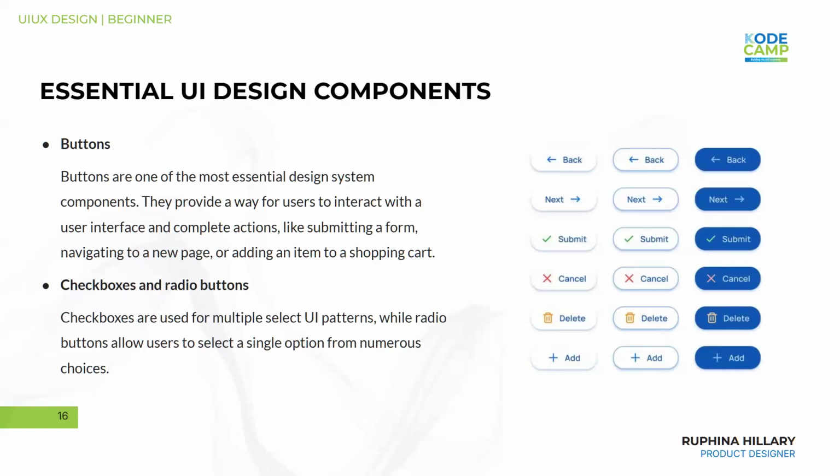The button could be pay, the button could be subscribe, the button could be a join button. So we usually want them to do something. And buttons are usually that connection, that middleman that's helping them. That's why they call them CTA, call to action. That's what the buttons are usually for. So buttons provide a way for users to interact with the user interface and complete actions like submitting a form, navigating to a new page, or adding items to a shopping cart.